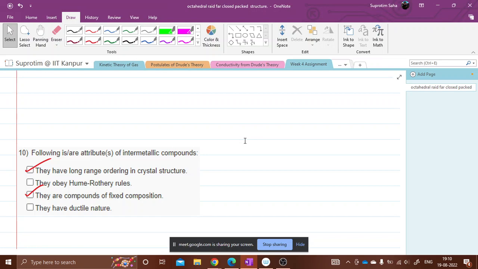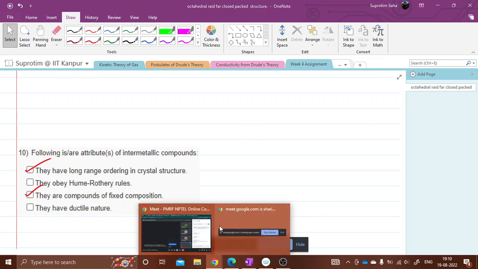The first criterion for being intermetallic compounds is that they're compounds of fixed composition, like cementite. That is Fe3C, so 3 atoms of iron and 1 atom of carbon, right? So they have to have fixed composition. And concerning the non-trivial option, that they obey Hume-Rothery rules: these rules put restrictions, right?